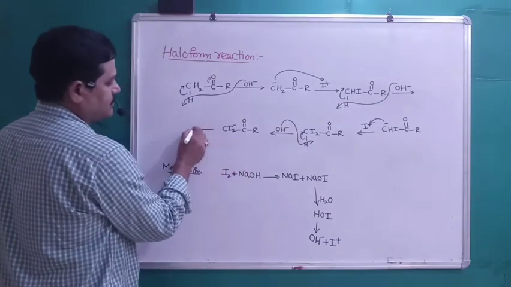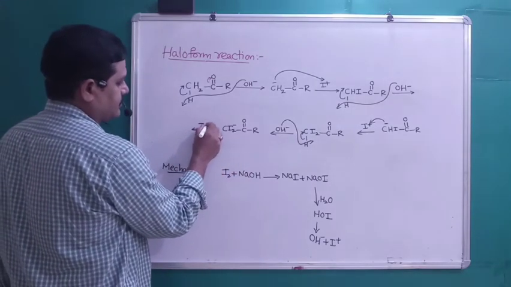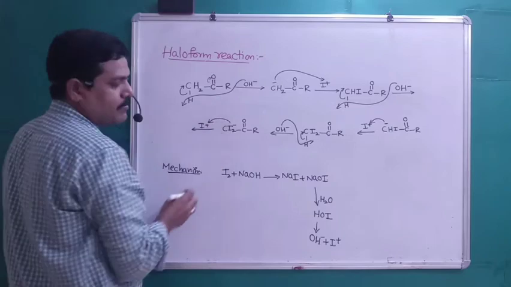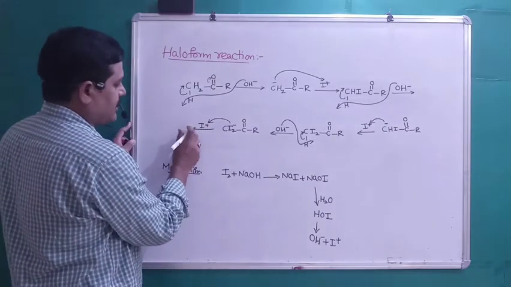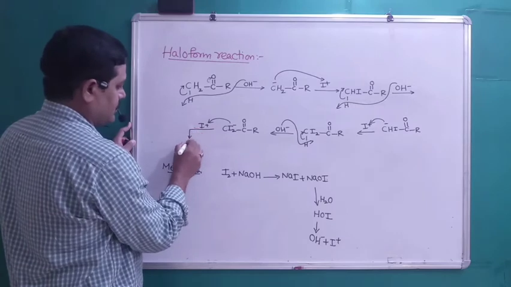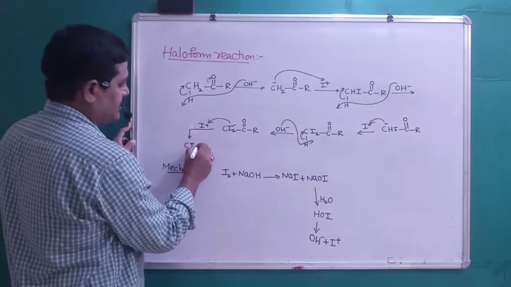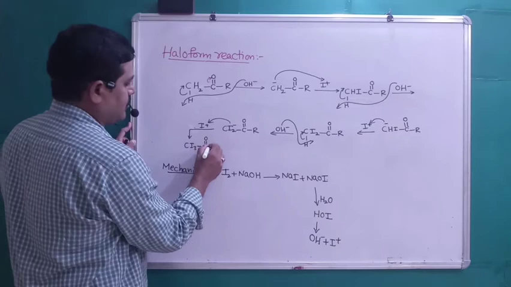One more time the carbanion takes I plus, and this converts into CI3-C=O-R.